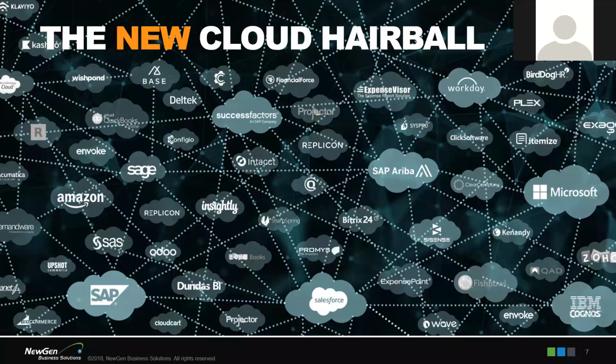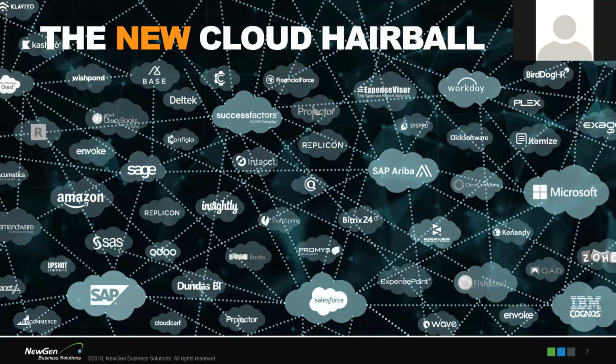So, the market reacted to this, and suddenly everyone's preaching cloud as the magical cure-all for all of this. However, you look at a slide like this, a lot of these cloud products weren't written for the cloud, and the owners of the software companies, or your SAPs and those other types of companies, just took their existing solution and threw it on the cloud and charges you a subscription fee for it.